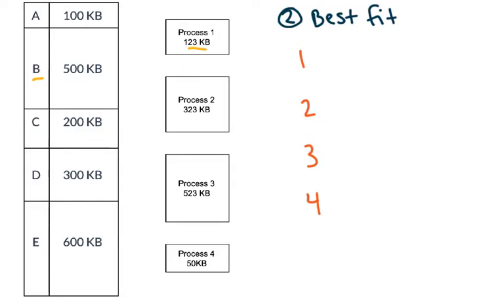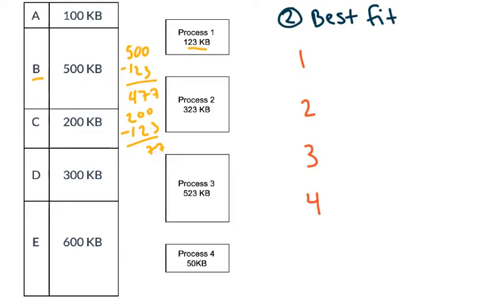I'll do this calculation for one of them. For B, this would be 500 minus 123, which would be 477. That would be 477 left over. If process 1 was allocated to C, we would have 200 minus 123, which would only be 77.